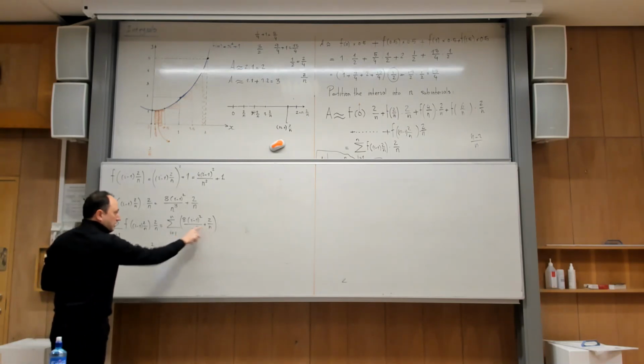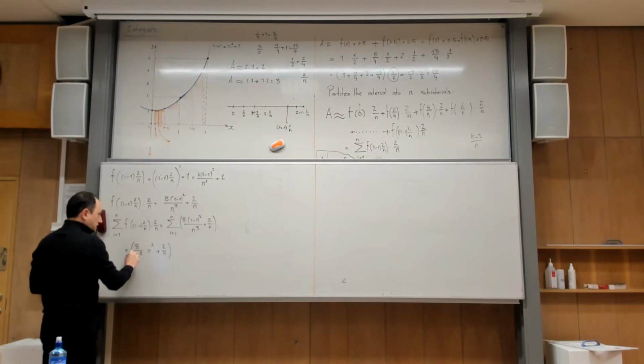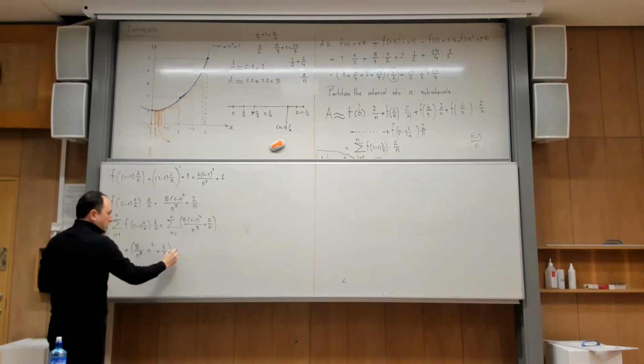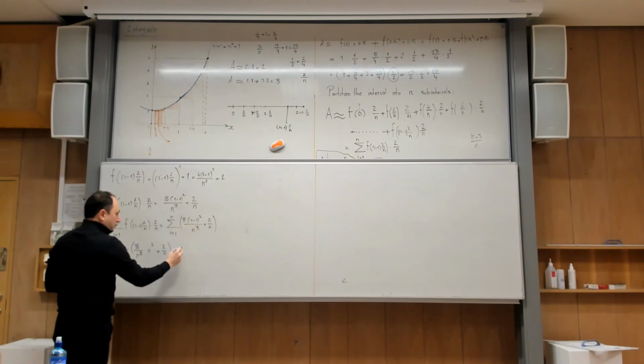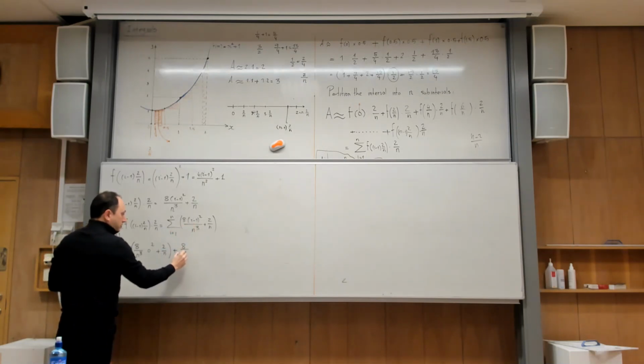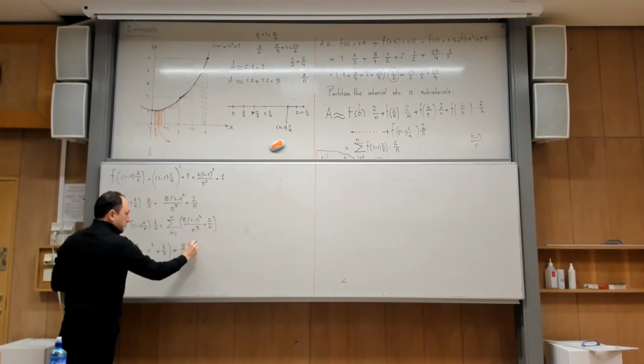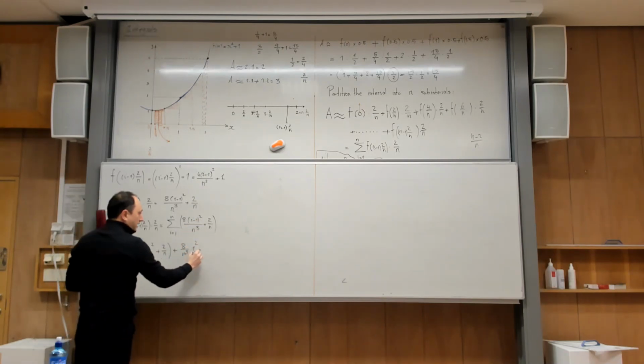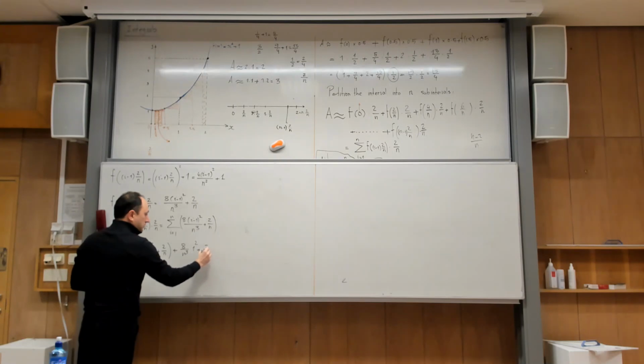But this does not depend on i, so there is no i part here. So it becomes plus 2 over n. This is the first term when I put i equals 1. I put i equals 2, then what happens? This becomes 8 over n cubed, and 1 squared, and then I will have again 2 over n.